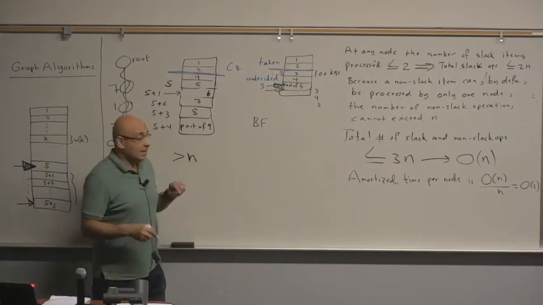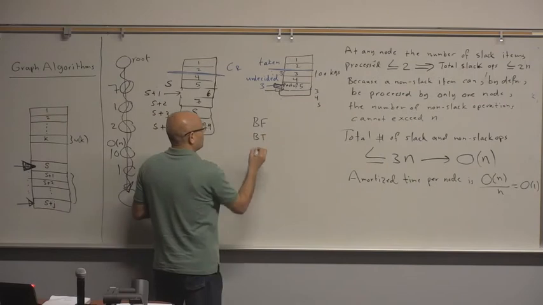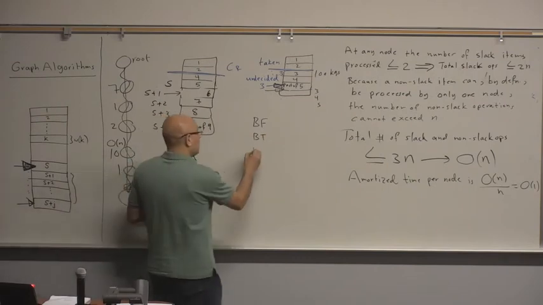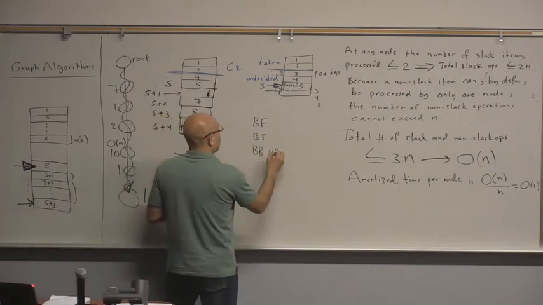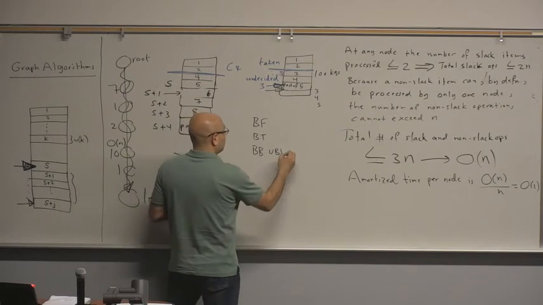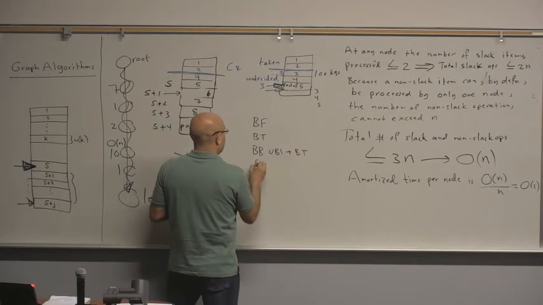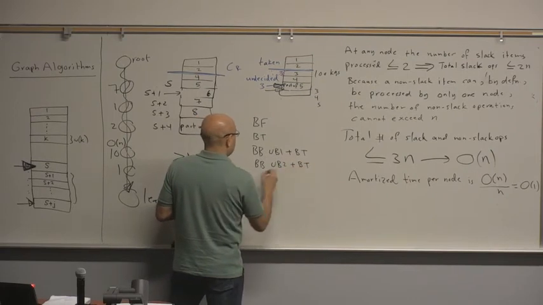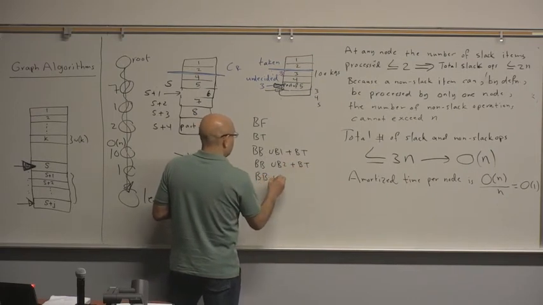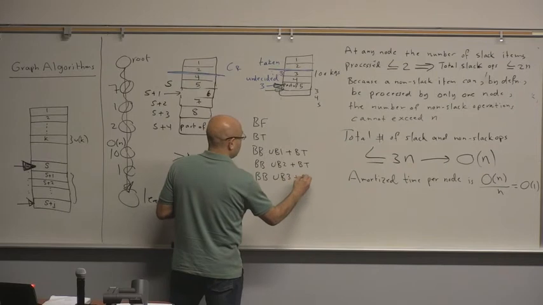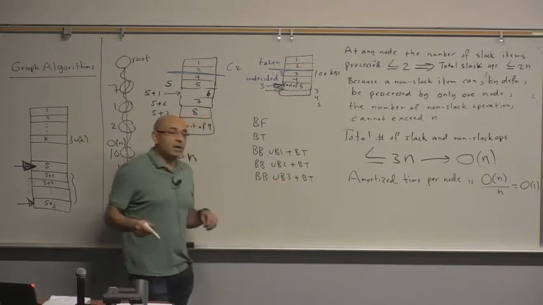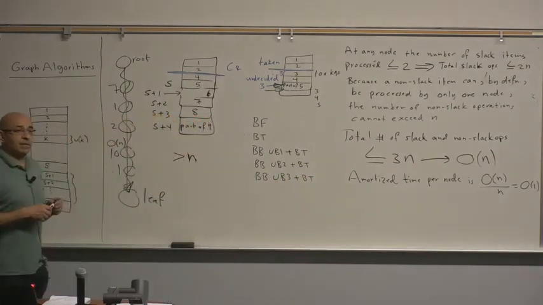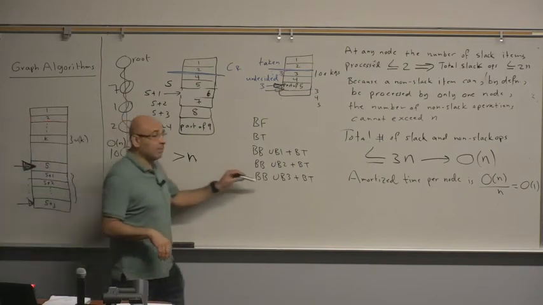So brute force, then you will do backtracking, then you will do branch and bound with upper bound 1 plus backtracking, branch and bound with upper bound 2 plus backtracking, branch and bound with upper bound 3 plus backtracking. Now what you are required to do is not the O of 1 implementation of upper bound 3.